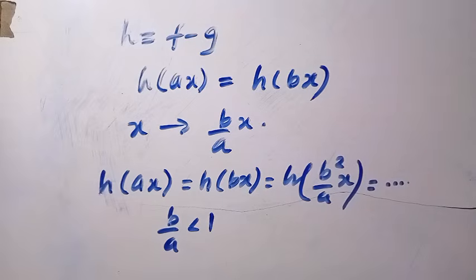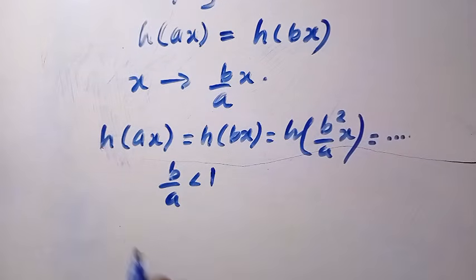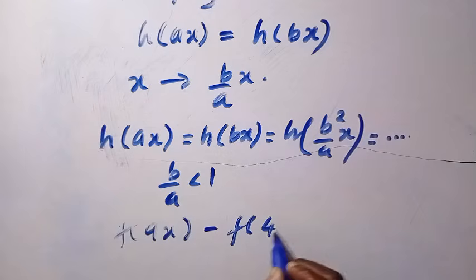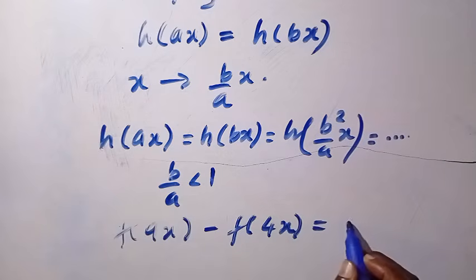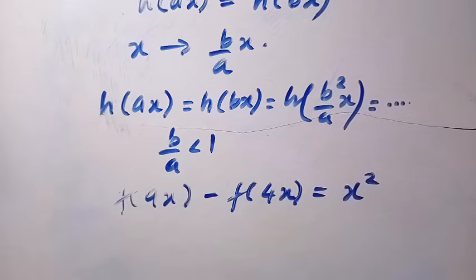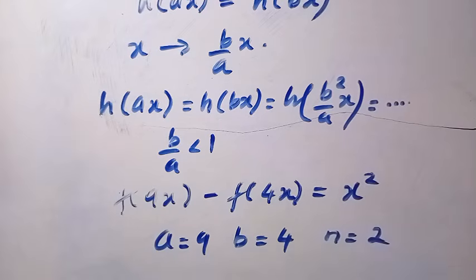But how can we apply this in the question that we have? Since we have f of 9x minus f of 4x equals x squared, and we have gotten a particular formula before, with a raised to the power n minus b raised to the power n, so a equals 9, b equals 4 and n equals 2.